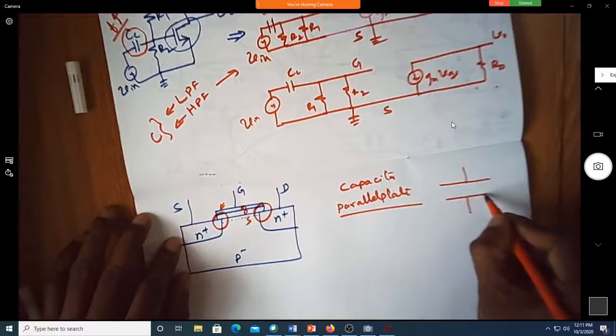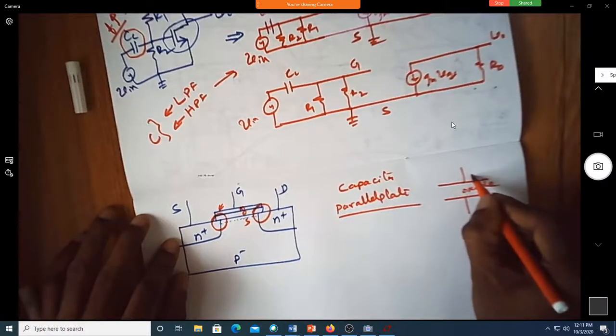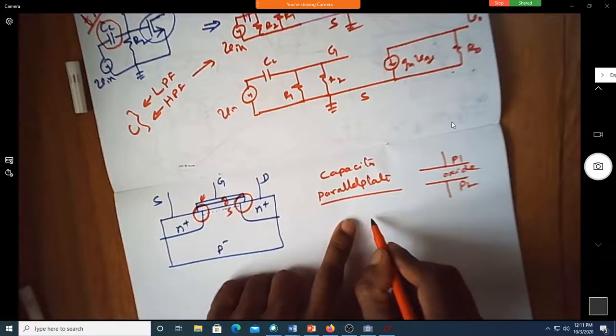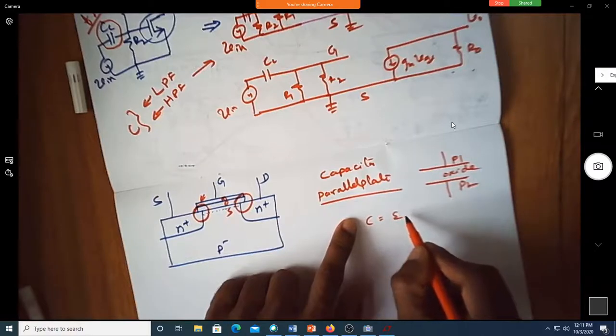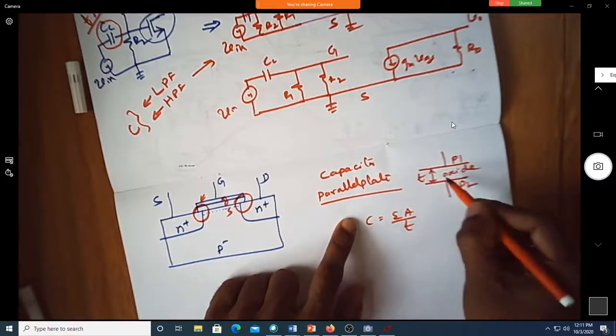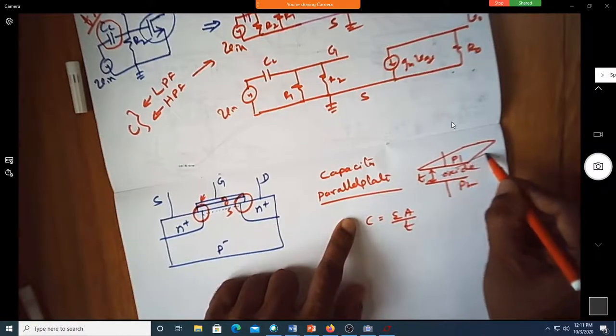This is an oxide. So this is plate 1, this is plate 2. Capacitance is given by epsilon A by T, where T is the separation between the two plates and A is the area of the plate. Am I correct? Yes, sir.